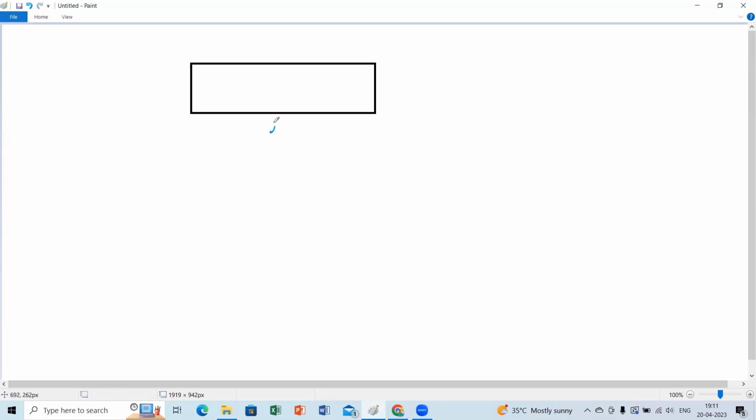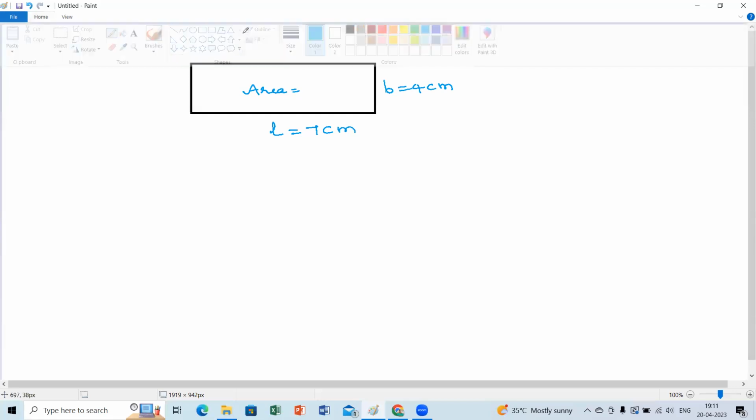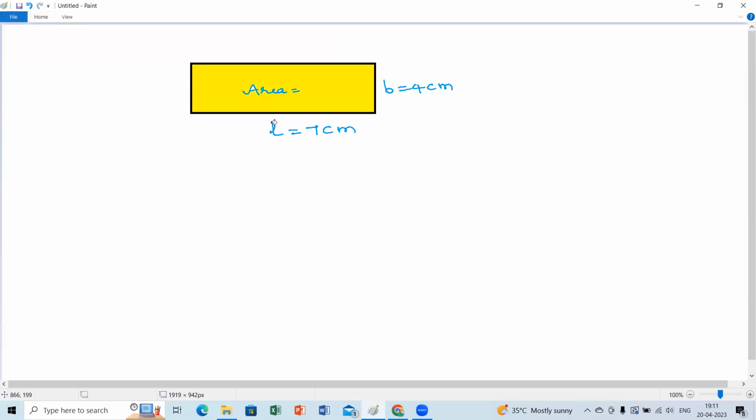They're asking to find the area. What is the formula for area, children? Area is nothing but the interior space bounded by the figure.